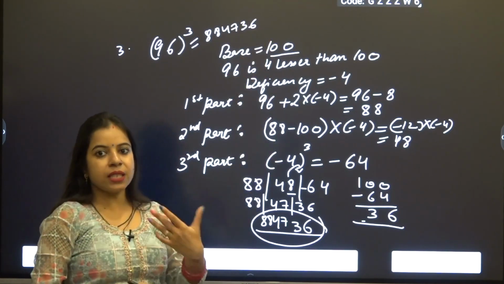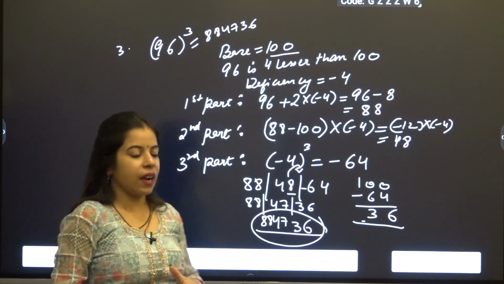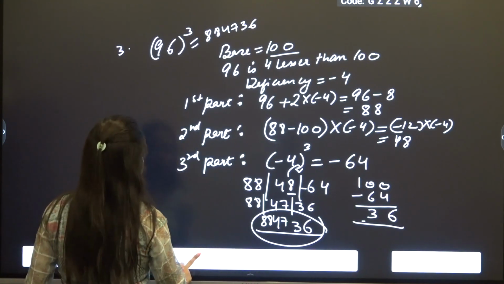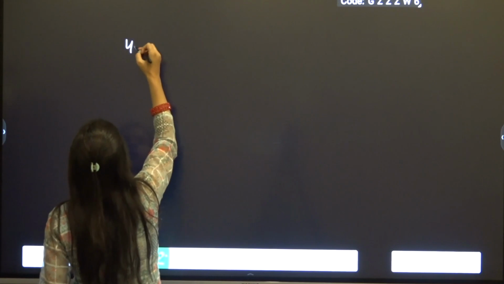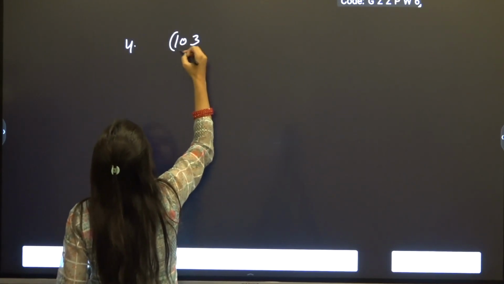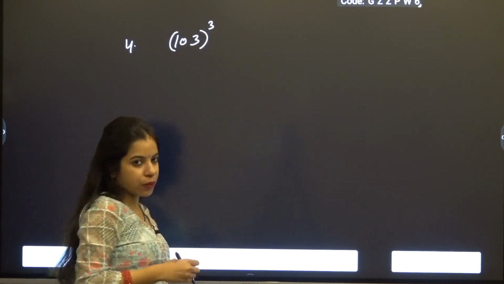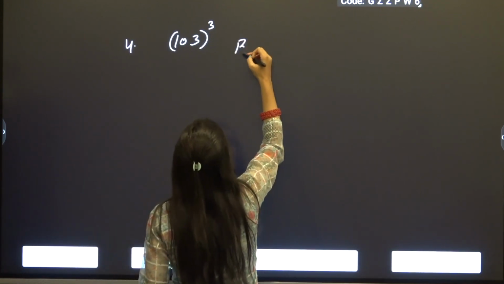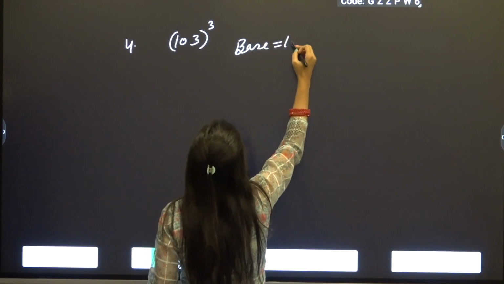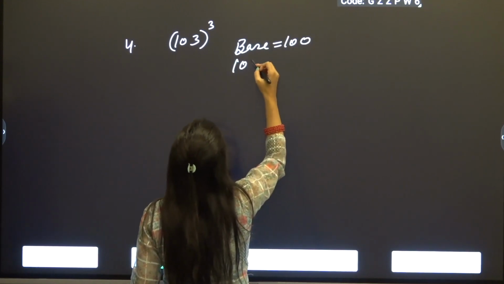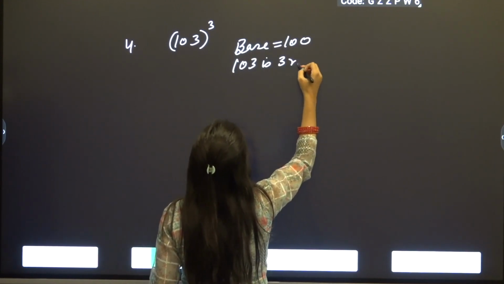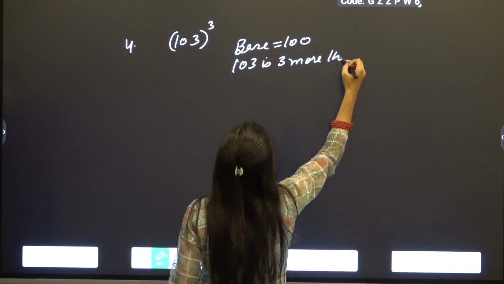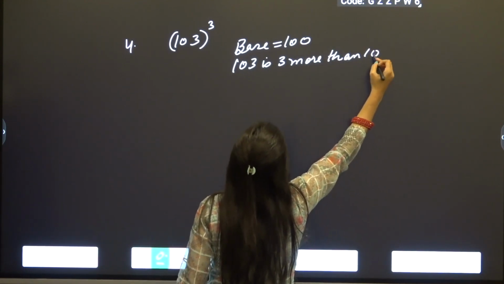Now let us take a number which is greater than 100. Say 103. I wish to find the cube of 103. Now I know base is 100 and 103 is 3 more than 100.